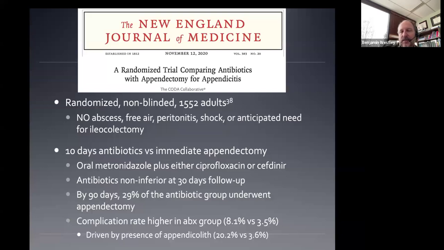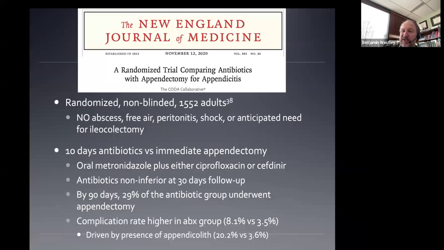But by 90 days, 29% of the group that was in antibiotics initially had received an appendectomy. So it reduced surgery, but still a third of those people ended up getting their appendix out anyway. And the thing was that the complication rate in the antibiotic group, basically relapse or some complication, was over 2 times what it was in the other group. So 8% in the antibiotic group, 3.5% in the surgery group.